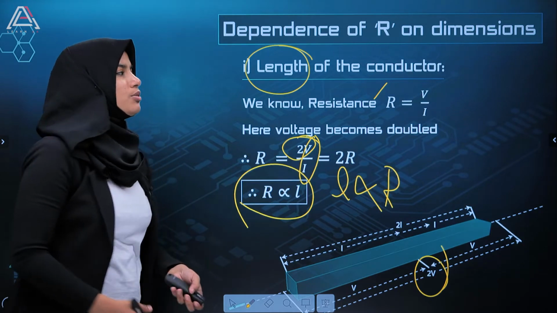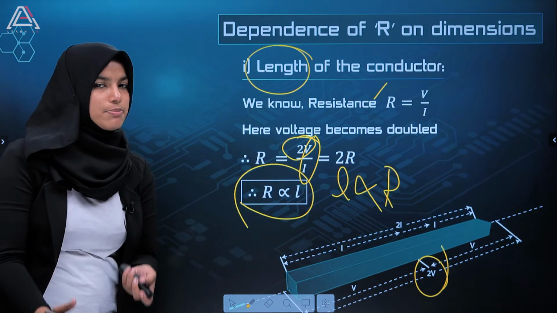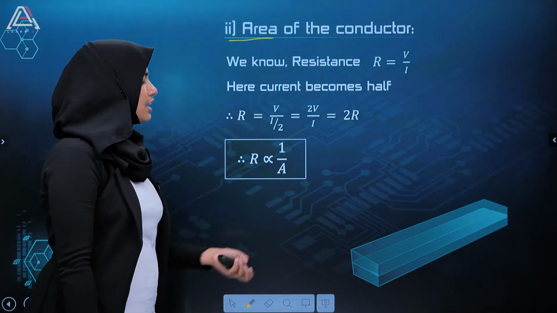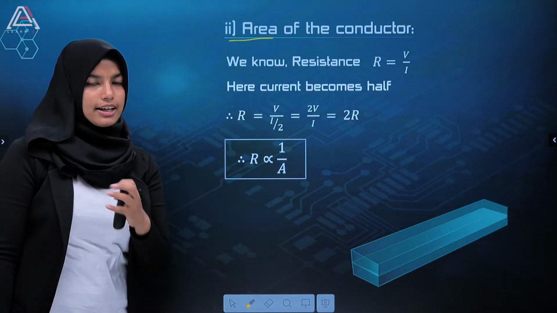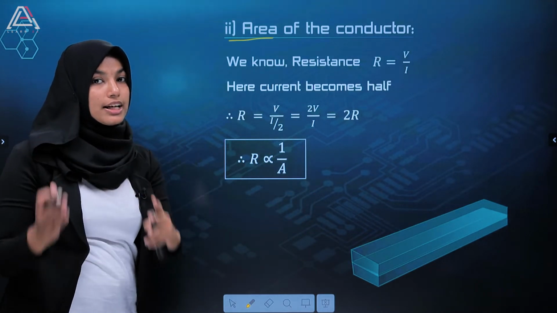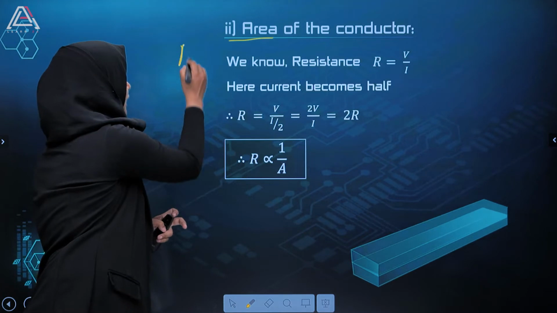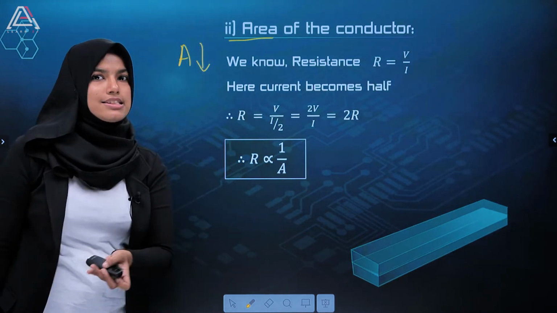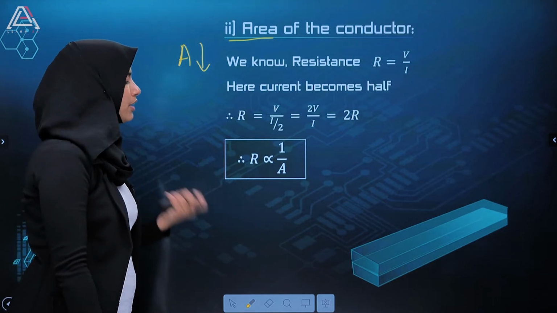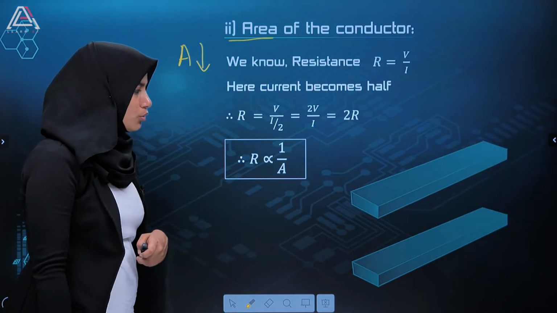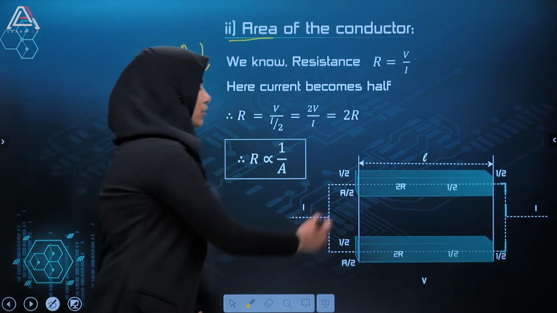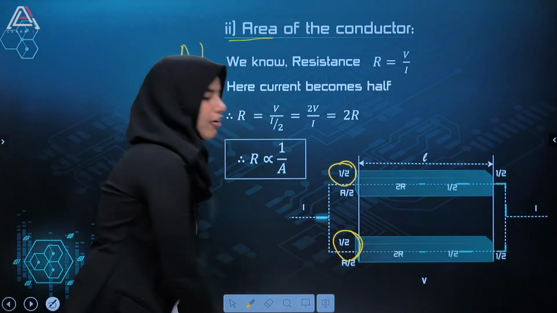Now let's look into the second dimension that resistance depends on, and it is the area. Consider I am taking a conductor. I am dividing the conductor into 2. So I am decreasing the area here, and let's see how it impacts the resistance. Here I am cutting the conductor into 2, and the corresponding current will also be turned into half.